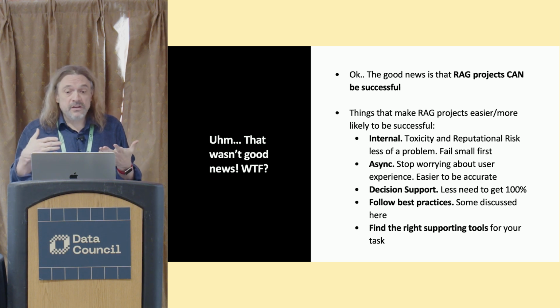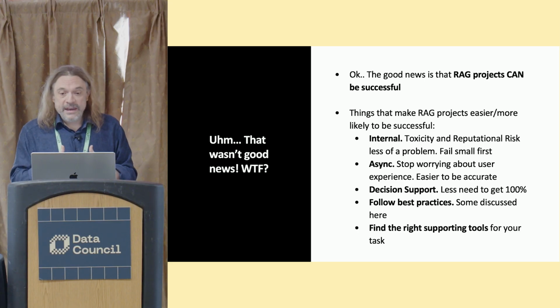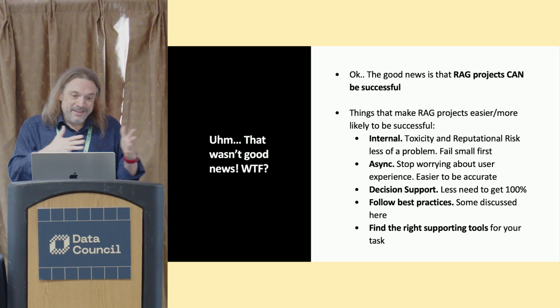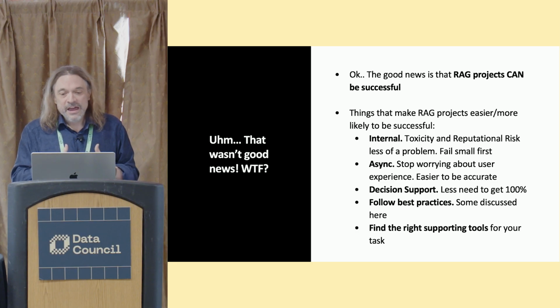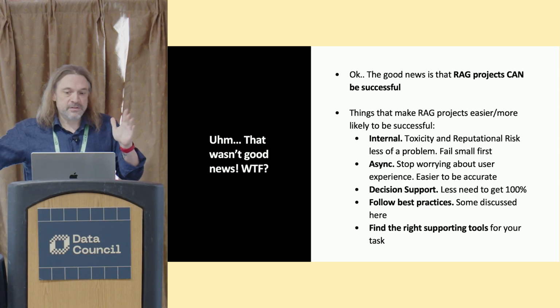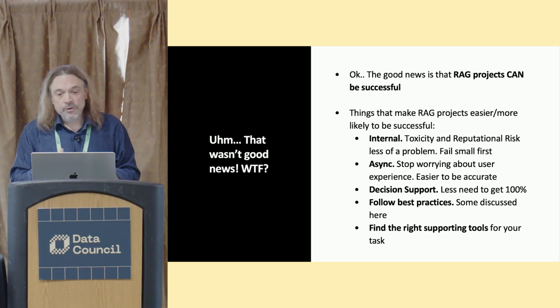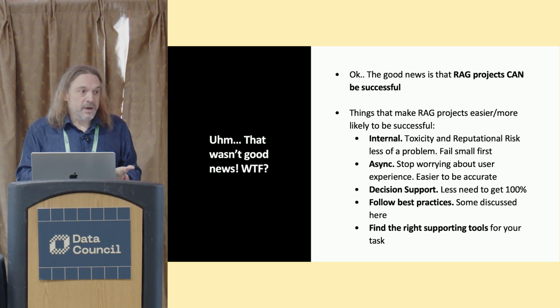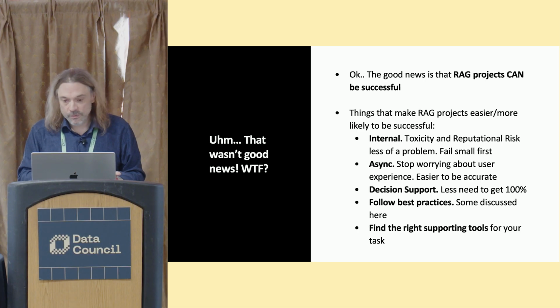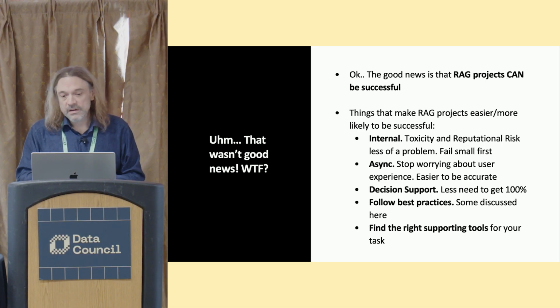Now, there are things that make a RAG project more likely to be successful or not, and it's really about making things easier for you as an engineer. This is not to say you can't get on the axis of hard in some cases, but if you can shape your project at all, you're much better off if it's internal, because then you don't have to worry as much about toxicity and reputational risk. You want to fail small first, get some confidence.